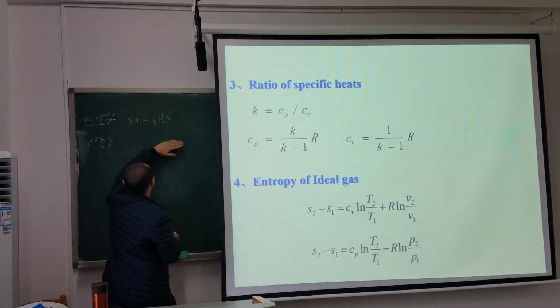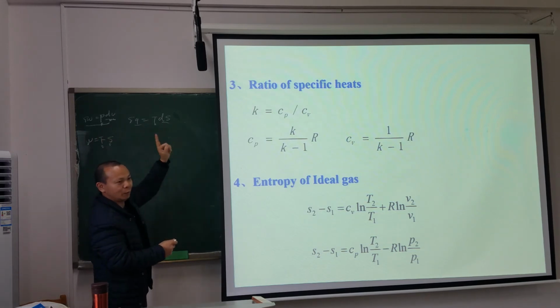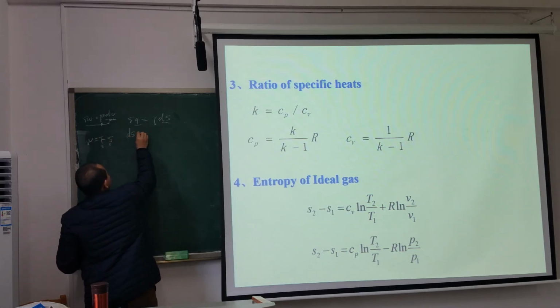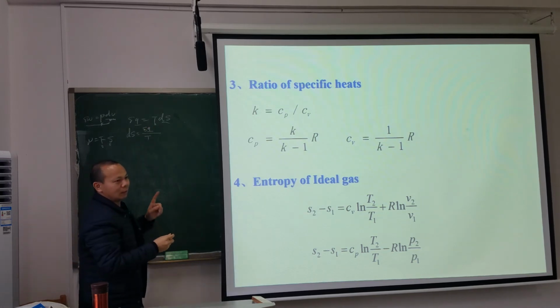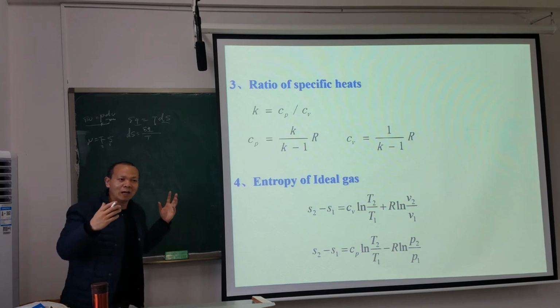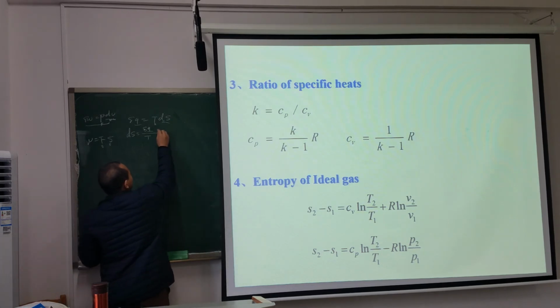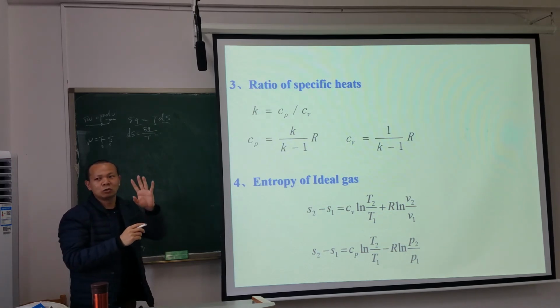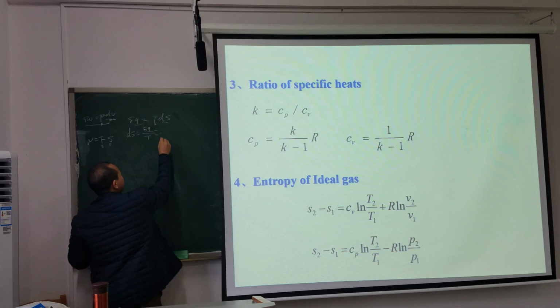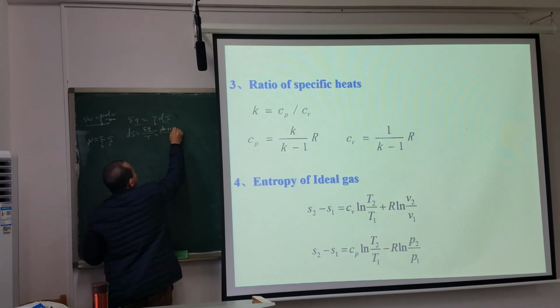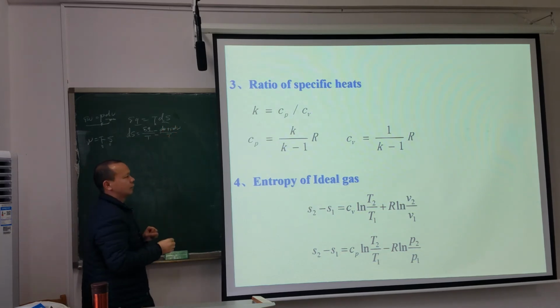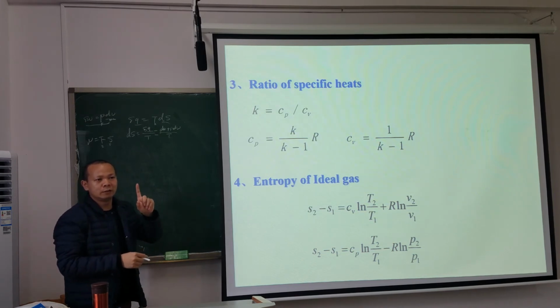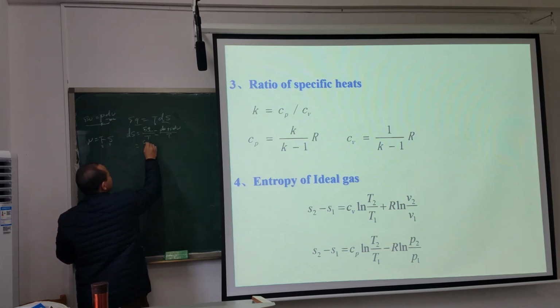Now, if you remember this equation, we can say dS is equal to delta q divided by T. And how to calculate delta q? Delta q is equal to dU plus P dV. And now we know dU is equal to CV dT.